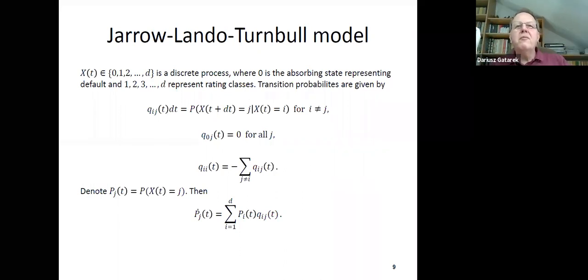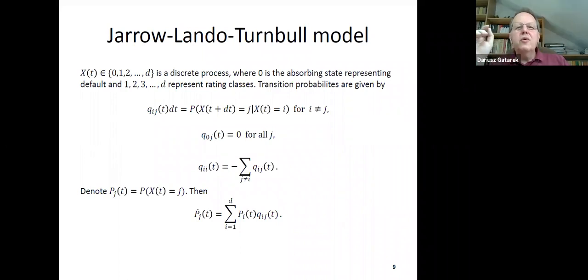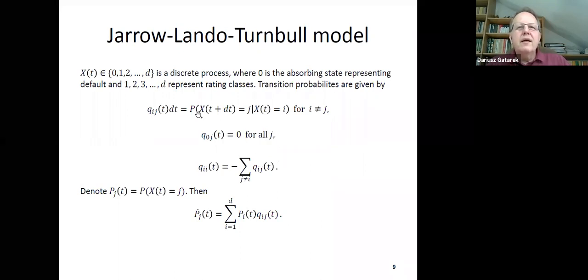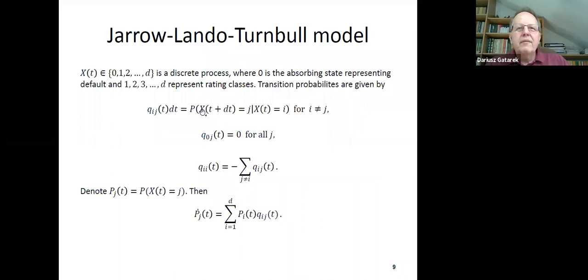So ratings are from AAA down to some other letters of the alphabet, down to C. And the transition probabilities are given by these numbers, Q. So Q_ij is the probability that the state process jumps from i to j.